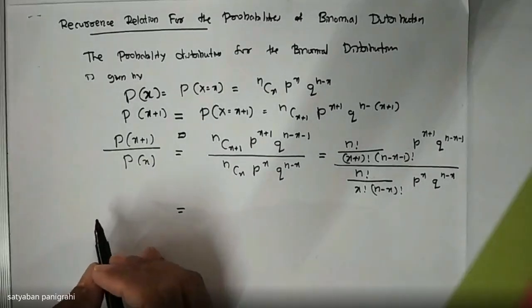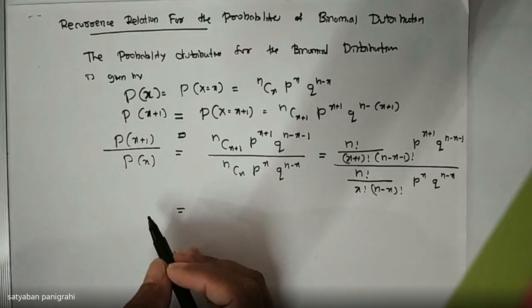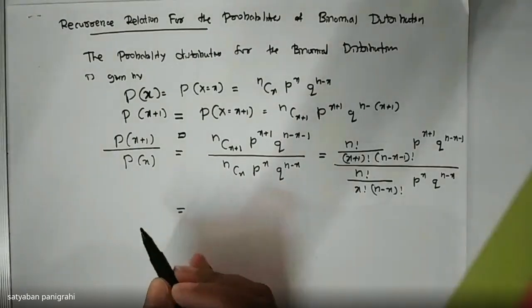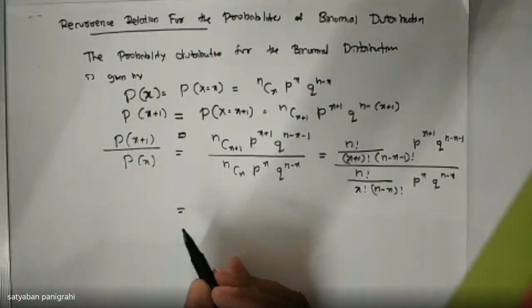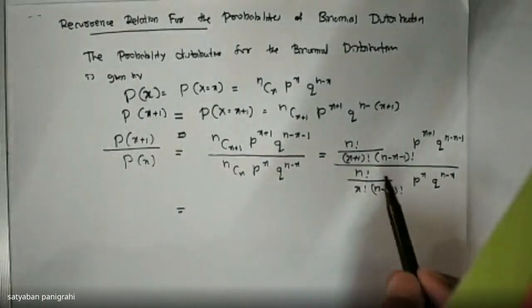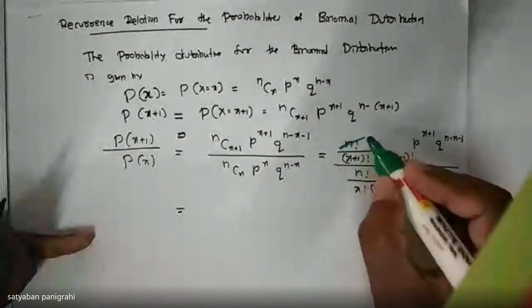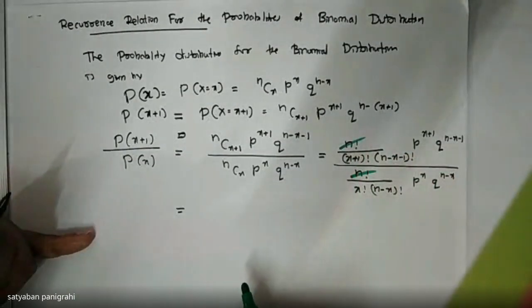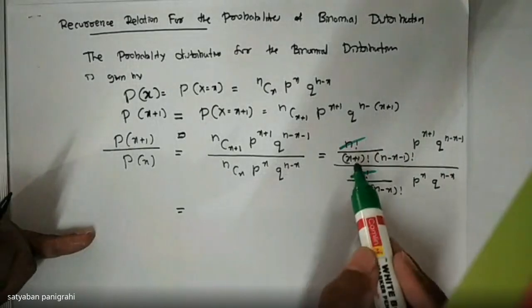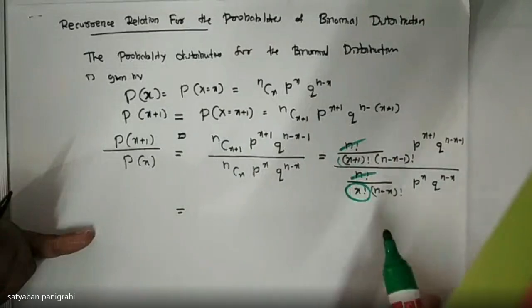So by doing this, what we can see, look here. Just simplifying it, see what is getting cancelled. n factorial will cancel out. Here x plus 1 factorial and x factorial, so one factor of x plus 1 will remain.